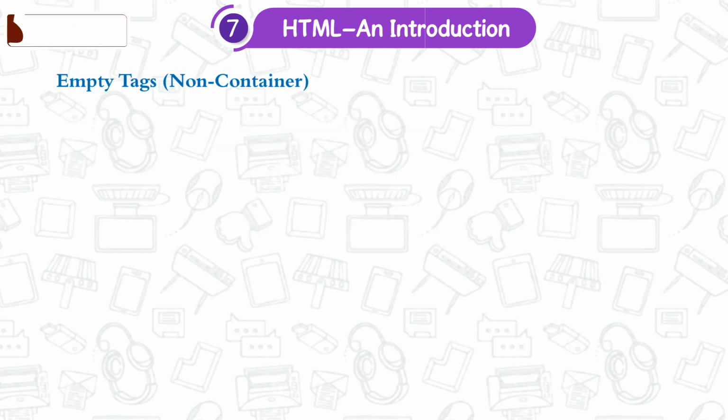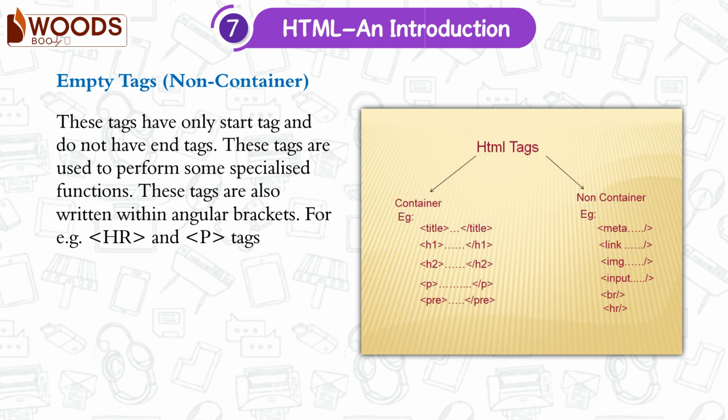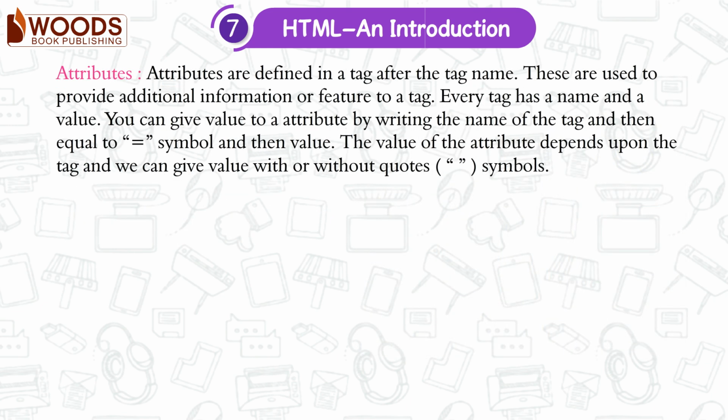Empty tags, non-container. These tags have only a start tag and do not have end tags. These tags are used to perform some specialized functions. These tags are also written within angular brackets, for example, <HR> and <P> tags.